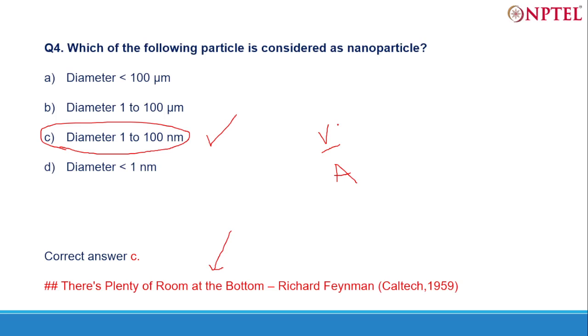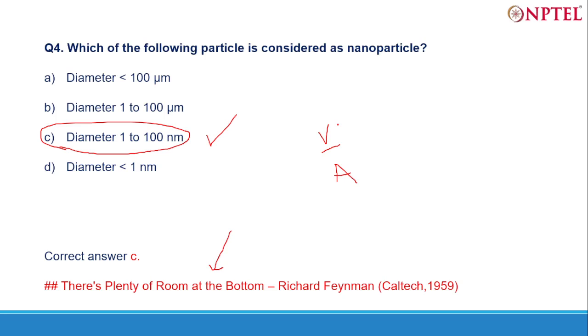So we can say that nanotechnology is a budding and emerging field, and it has developed a lot. It has lots of applications. If any of you are interested, you should study nanoparticles.